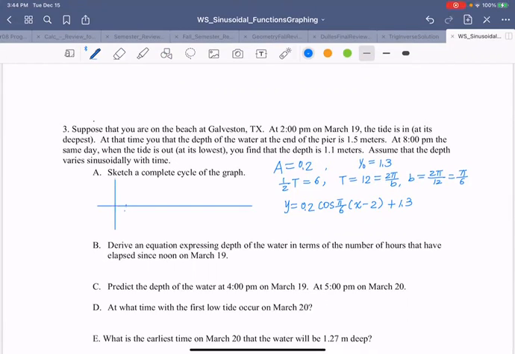So at 2 p.m., it's the deepest, and 1.3 is roughly over here. And then at 2 p.m., it's going to be 1.5, which is the peak.